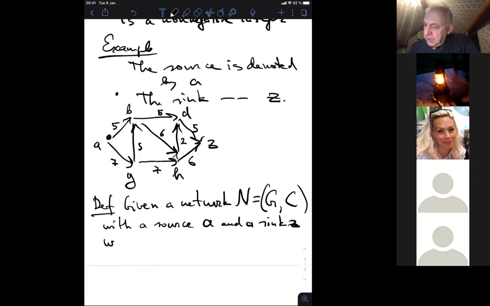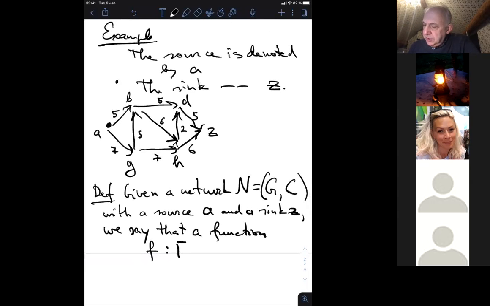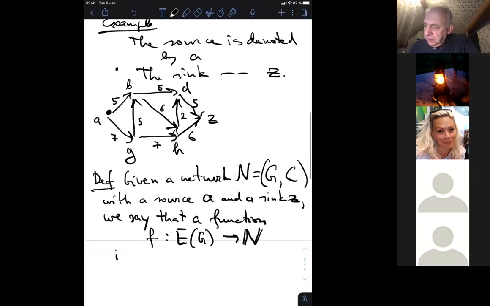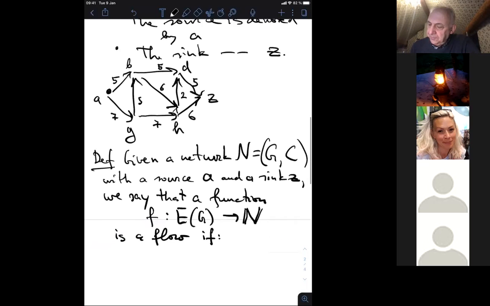we say that a function f, for flow, from the set of edges of our graph to, again, non-negative integers, is a flow if it satisfies the following two basic conditions.